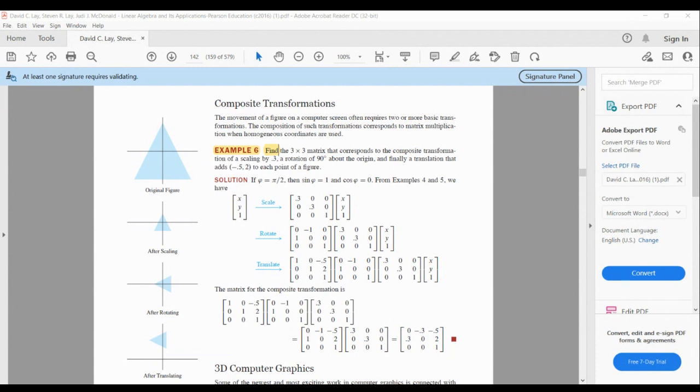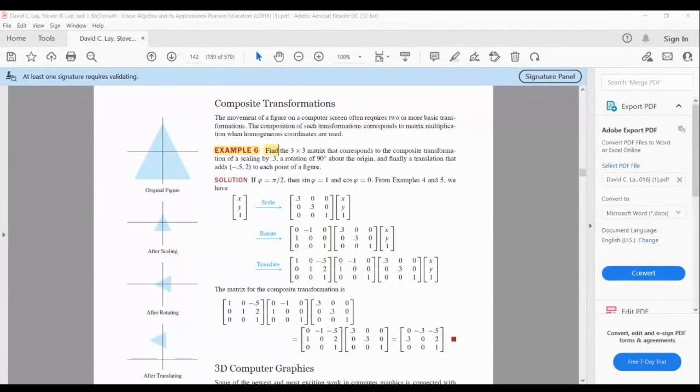So on the left here, you have that blue triangle, the original figure. After the scaling, what happened to the triangle? Did it shrink or expand? It shrunk. That's right, Jonathan. That's right, Marcella. By how much?